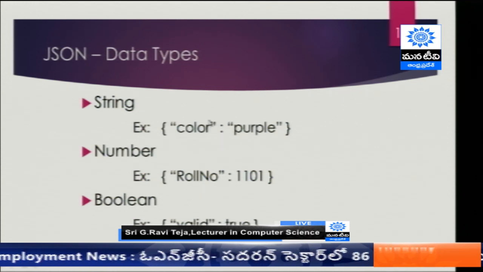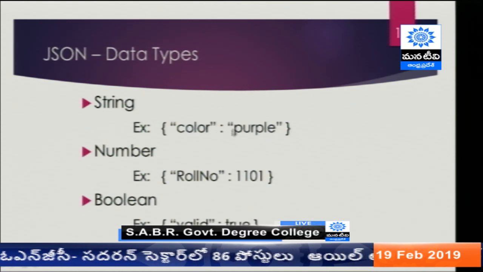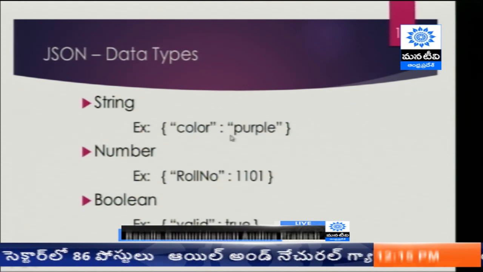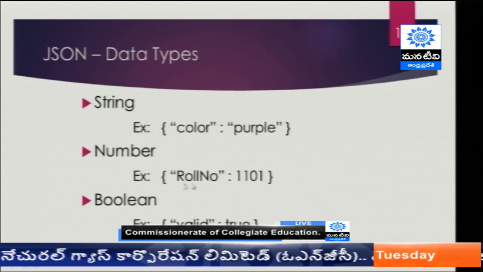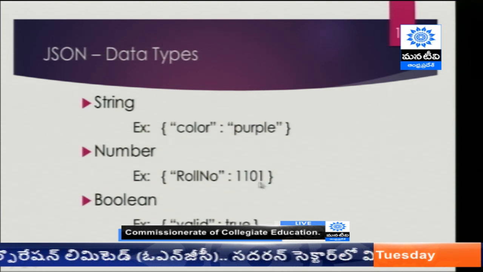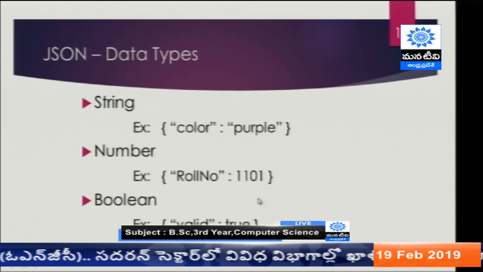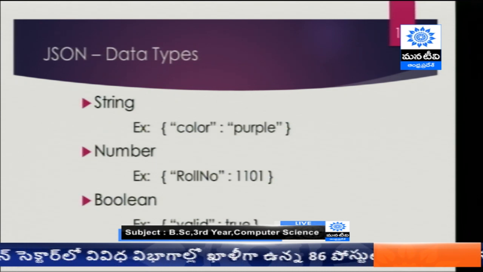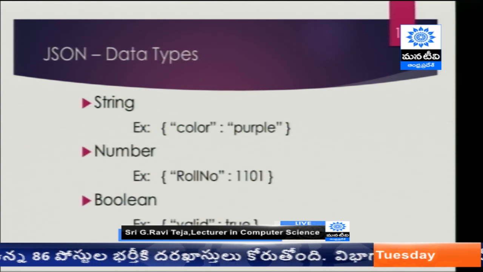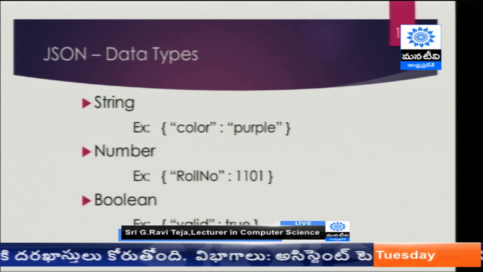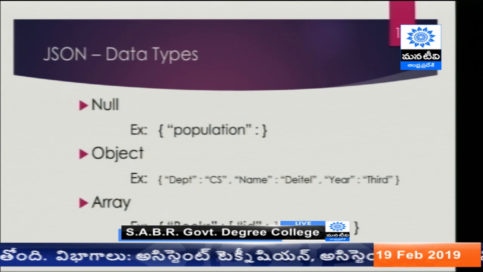Here color is a string and purple is a string, separated with a colon. The second data type is number, like roll number 1101. The third is boolean, which contains only true or false values, so we can give either true or false for a particular key. And later we have null.